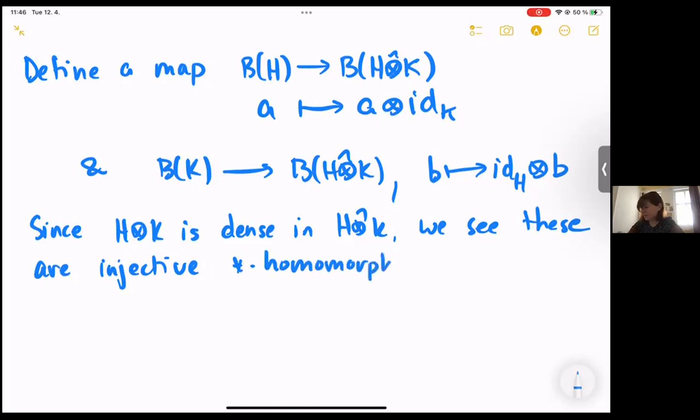And any injective star homomorphism is automatically isometric.